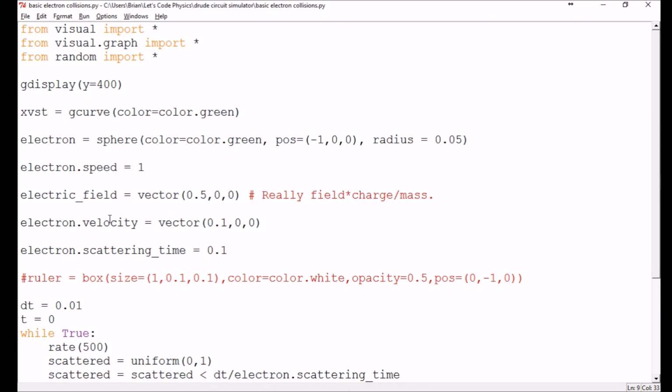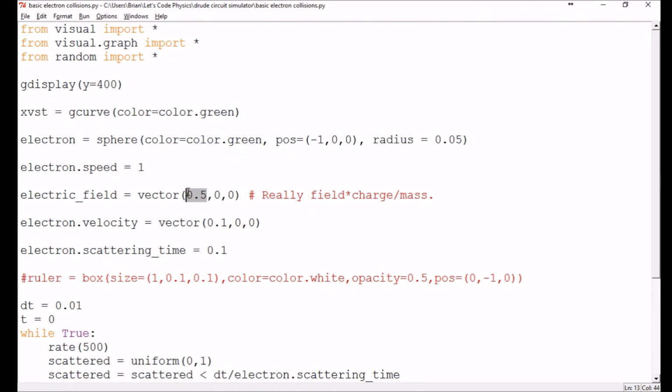And then we're going to turn on an electric field. The electric field needs to be a vector. Really, this is the field times the charge divided by the mass, so we're just wrapping all those up into one quantity here. Because if you make the charge stronger, then the effect of the field is stronger. If you make the mass heavier, the effect of the field is weaker. But then that all gets lumped together here, so we're not going to worry about them individually.